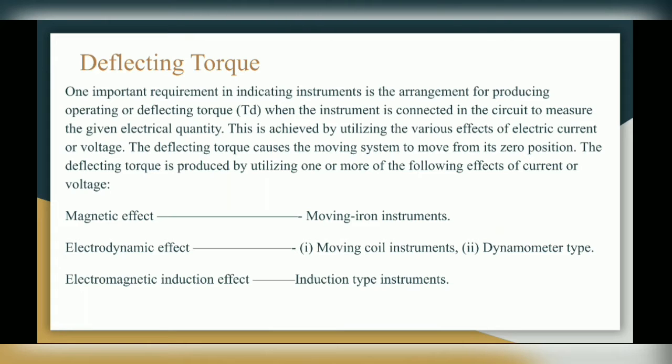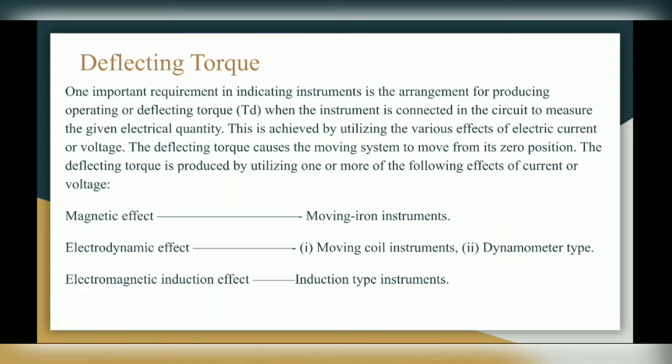The deflecting torque is produced by utilizing one or more of the following effects of current or voltage. So first is magnetic effect, which is used in moving iron instrument. So in moving iron instrument, the deflecting torque is produced by using magnetic effect. Electrodynamic effect. So electrodynamic effect is used in moving coil instrument and in dynamometer type instrument.